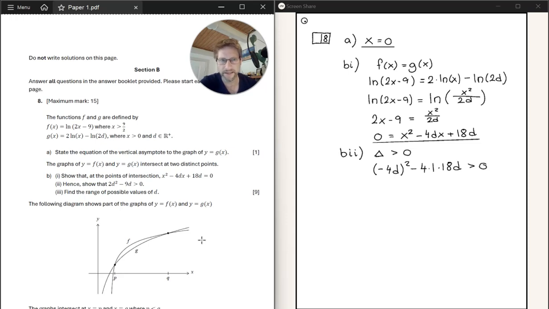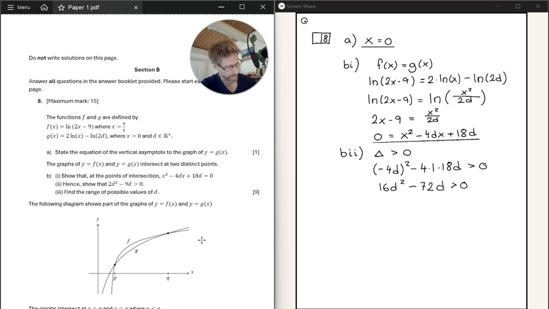And then we can see that this starts looking a whole lot like the equation they have. We get 16d squared, and then minus 4 times 18, that is 72, times d is larger than 0.